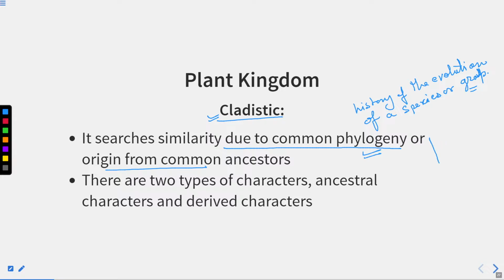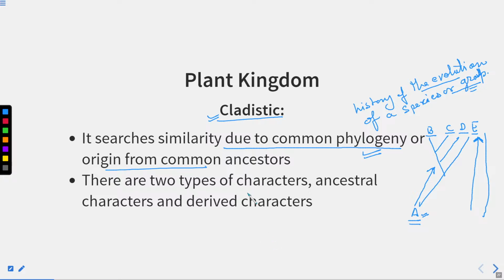We can have such a tree-like structure like this, right? Here is one organism, suppose it is A, and from it B, C, D and E. All these organisms have developed over not a short duration of time, but a very long duration of time. We can say that organism A evolved into different organisms B, C, D and E. So here we are talking about the history of the evolution of one particular species or a group of species, right?